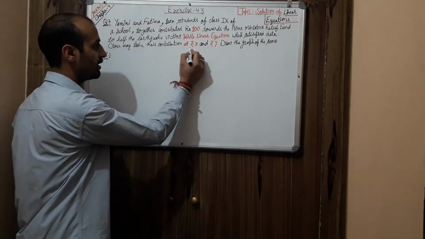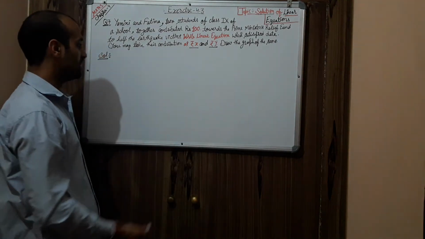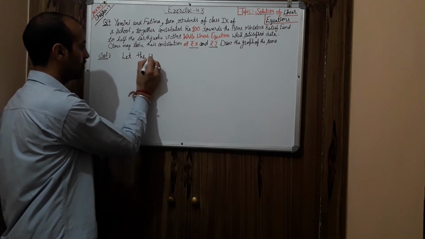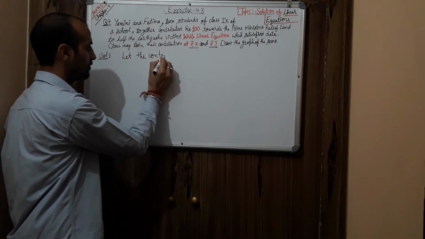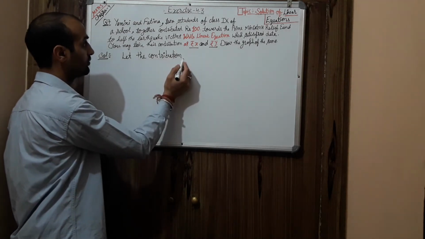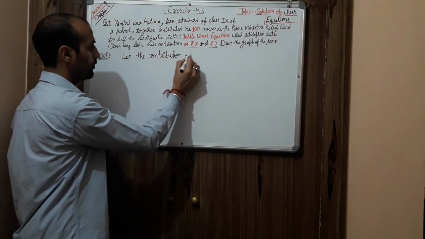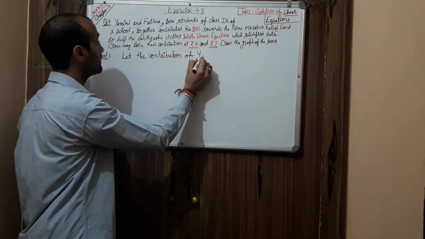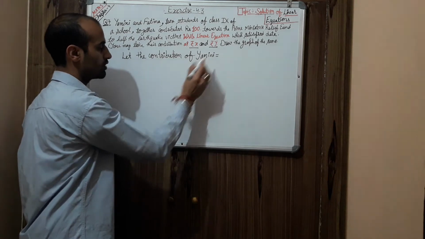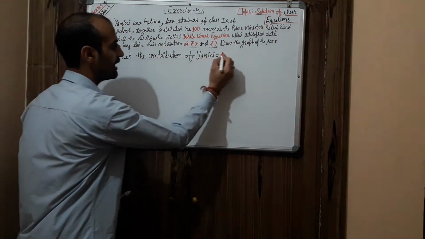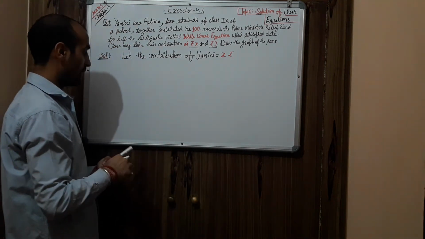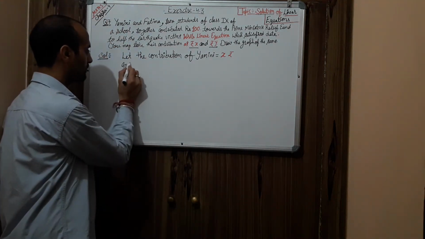Here it is written x and y rupees. Take their contribution. You can write, let the contribution of the first girl, that is Yamini, be x rupees. It is already given in the question.